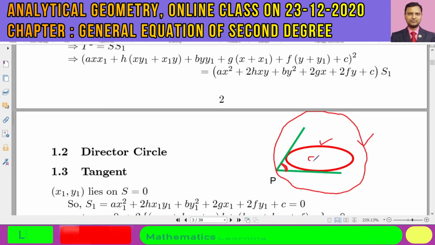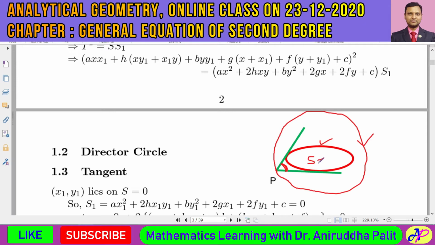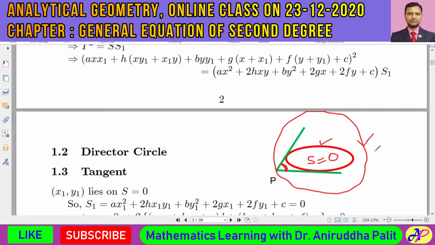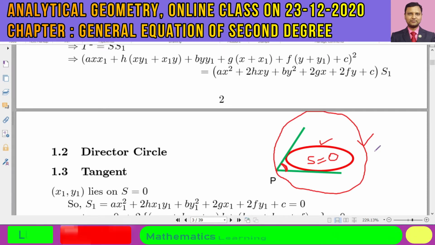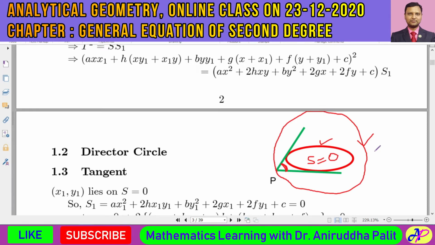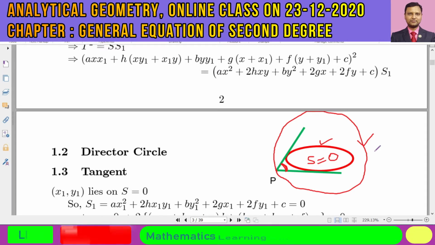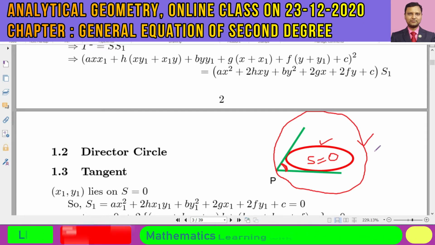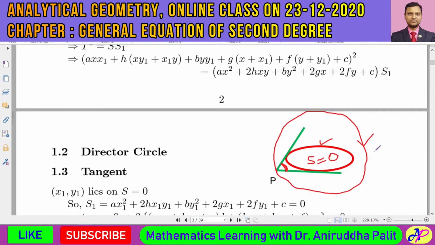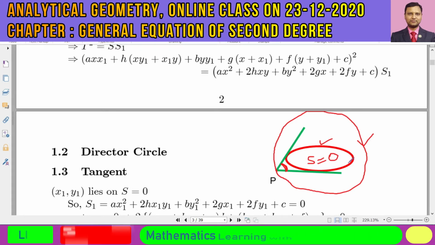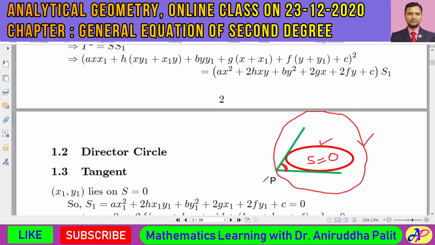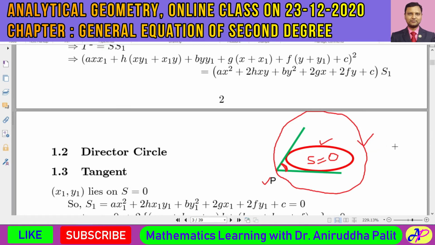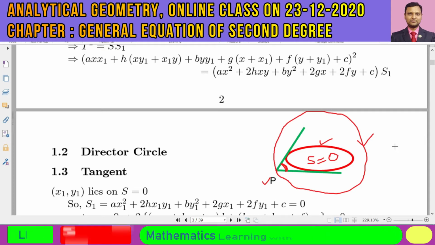The equation of the conic may be S is equal to 0. I am going to show you how to compute the equation of the director circle of a particular conic. I shall show that in the case of a central conic we get the locus of this point P as a circle, but in the case of a parabola we would not get any circle, rather we will get a straight line.